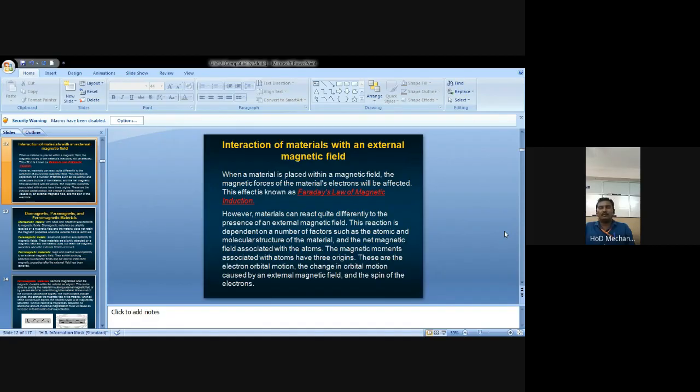The main orbitals are noted by the letters K, L, M, and N. The suborbitals are S, P, D, F. These are the electron orbital motions, the change in orbital motion caused by an external magnetic field, and the spin of the electrons.